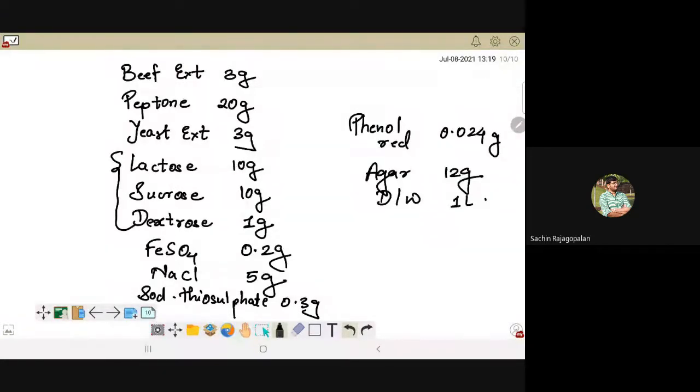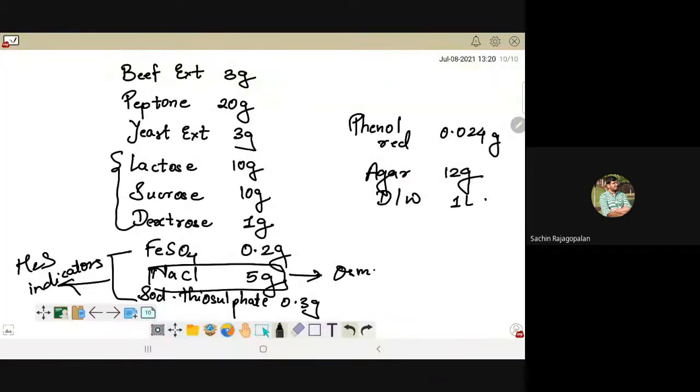Thiosulfate and FeSO4, these two together basically act as H2S indicators. NaCl is for maintaining the osmotic balance, and phenol red is your pH indicator.